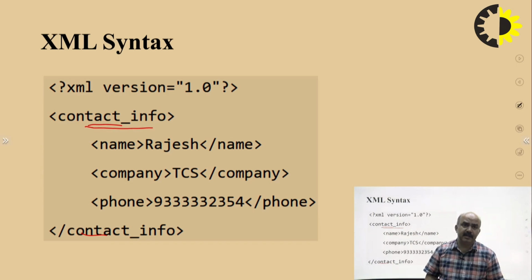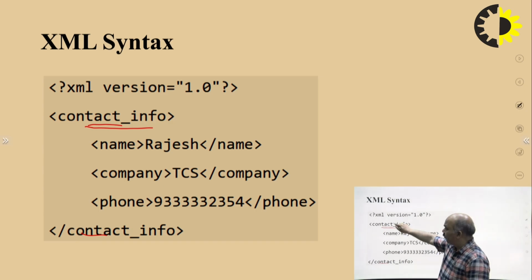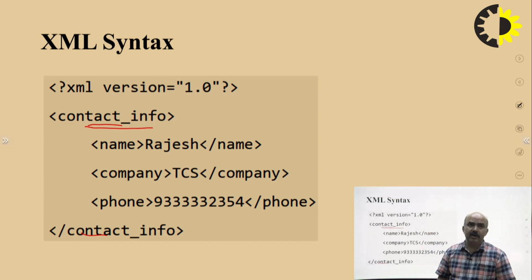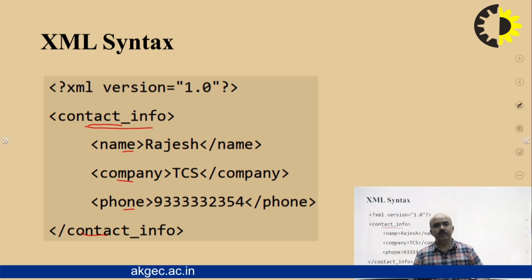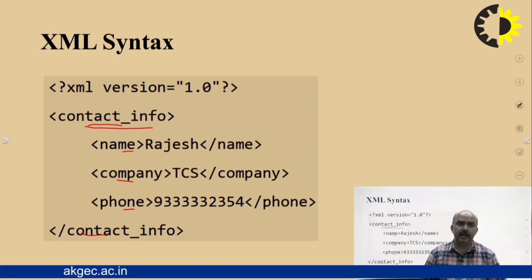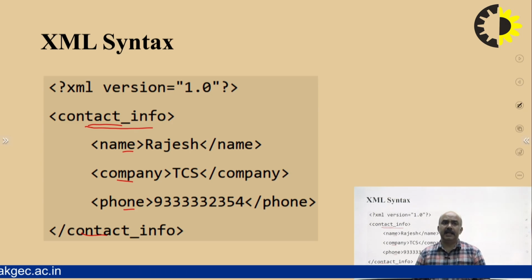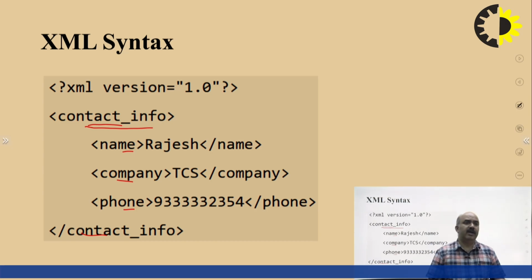Between these, this is your root node, as XML creates a tree-like structure. So there must be a root node. Contact information here is your root node, and the leaves, or child nodes, are name, company and phone, which describe the information about a person working in a company, with that person's name and phone number.